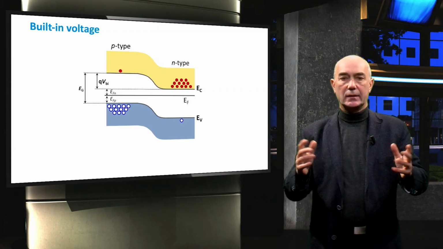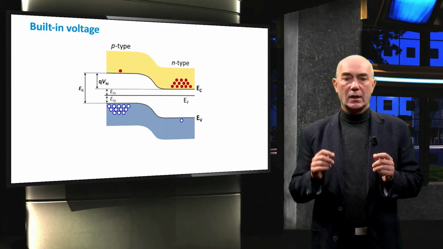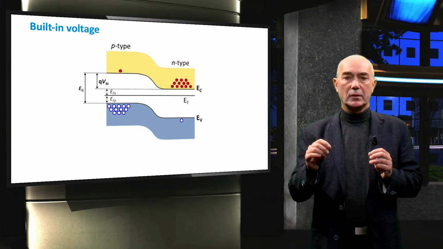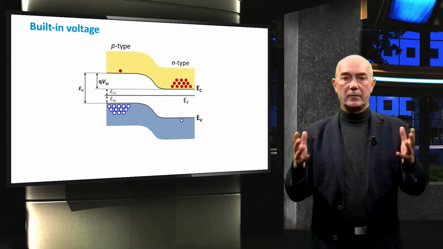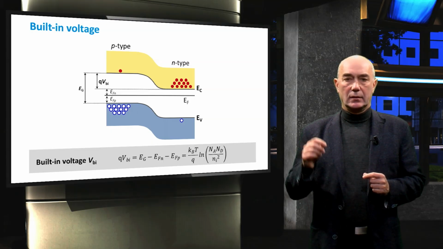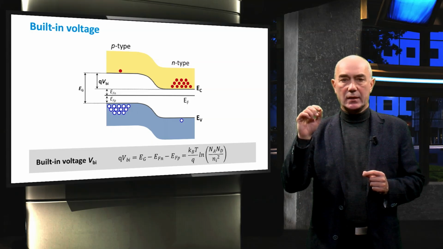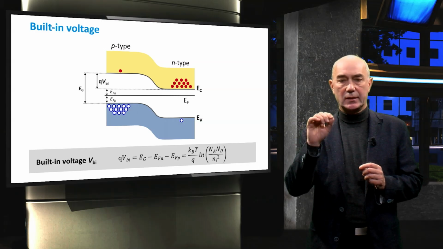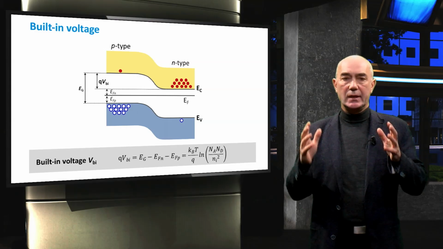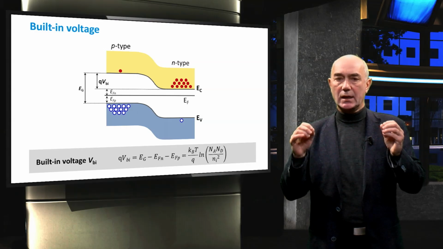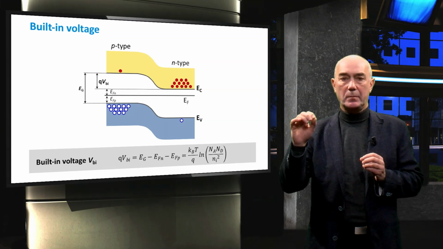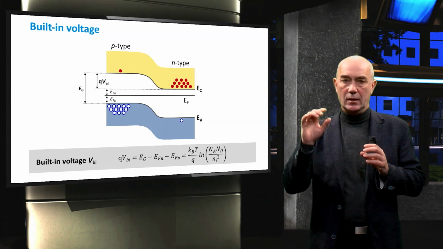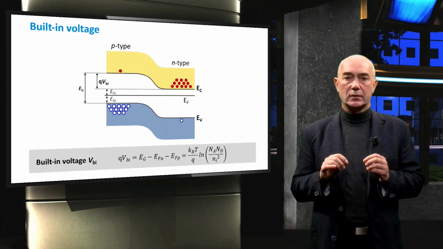We can calculate the electrostatic energy of electrons corresponding to the built-in voltage using the following equation. This energy is obtained by subtracting the distance of the Fermi level from the valence band edge in the p-type and the distance of the Fermi level from the conduction band edge in the n-type quasi-neutral regions from the band gap energy of semiconductor.